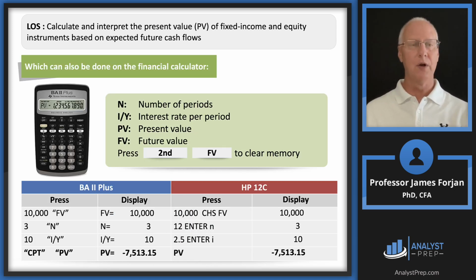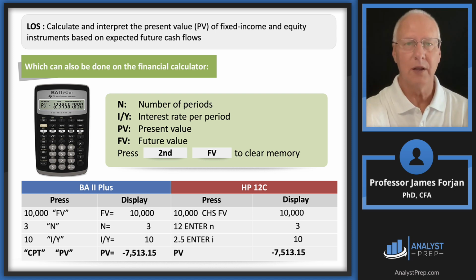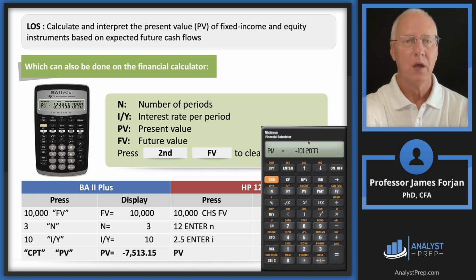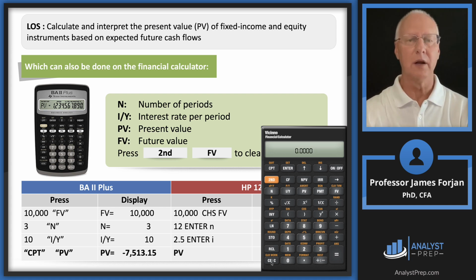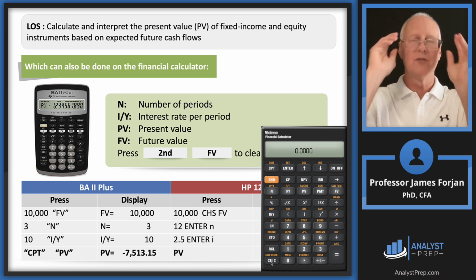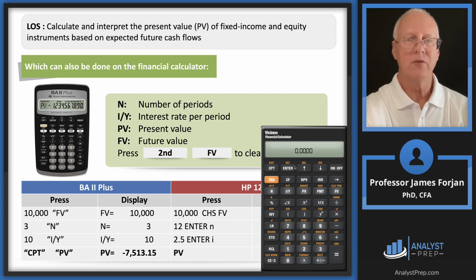Now, what I'm going to do is show you how to use this with an online calculator. So let me bring up my financial calculator here. And so I'm going to go ahead and clear. And let me give you pieces of advice here. Notice that I have 4 decimal places. This is what I always tell my students.